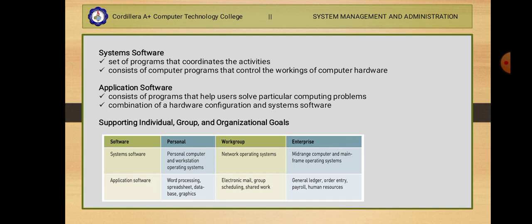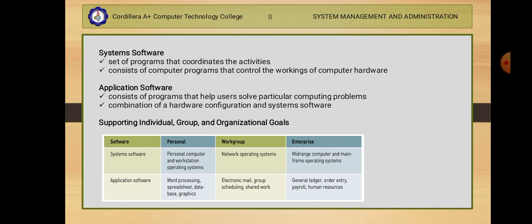Lahat ng type ng system software is na-design for a specific CPU and class of hardware natin. So yung combination ng hardware configuration and yung system software is also known as a computer system platform. Okay, so that is for the system software.